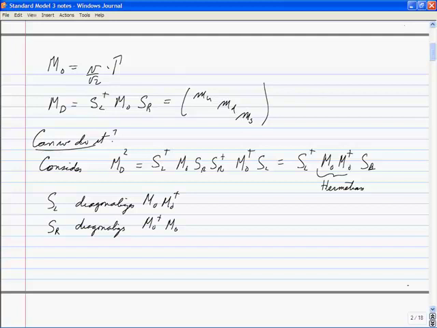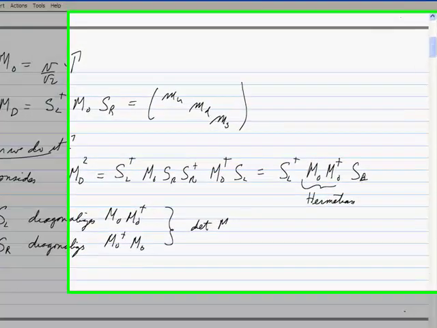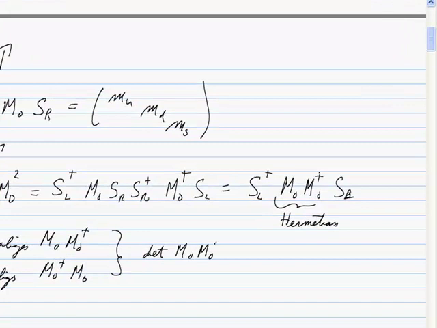It's not the same one necessarily. And the eigenvalues have to be the same. So that implies that you can diagonalize it.